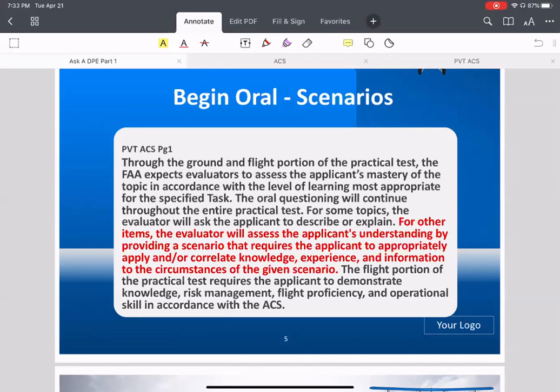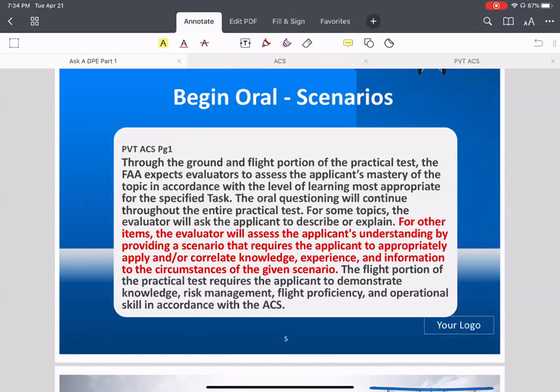And when we do the scenario, we build it around a bigger overall scenario. If you've been through the progress checks for cross country, or the end of course in the private or the instrument, there's an overall scenario given for those, and you work the problem of the flight test around it.